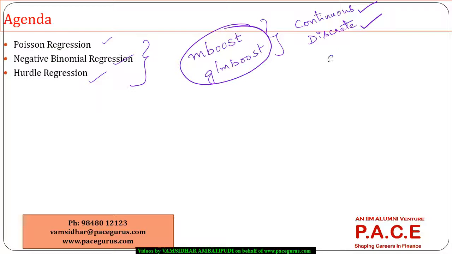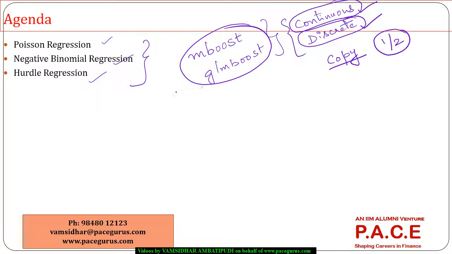I will copy the same code because only one or two minor differences will exist between the boosting procedures that we applied in those sessions and the boosting procedure that you are going to use here. But because the response variable is a count variable, the data that I am going to work with is different.